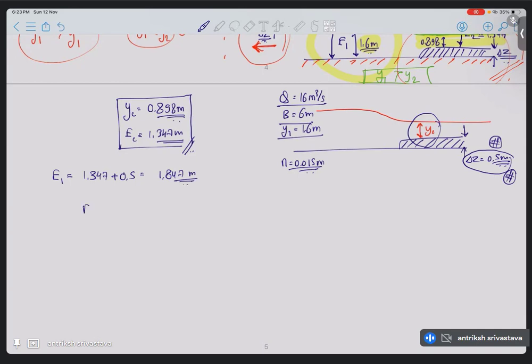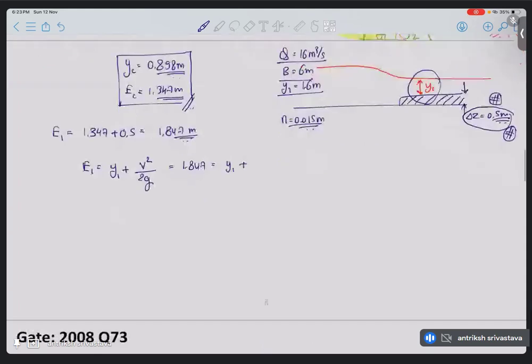Now when E1 is changed, the depth in the upstream has to change to accommodate for this change. So we have 1.847 is equal to y1 plus the velocity head. Again we are going to write the velocity in terms of the flow, q square divided by 2g times area squared, so 16 square over 6 into 1.6 square, this is the area, into 19.62.